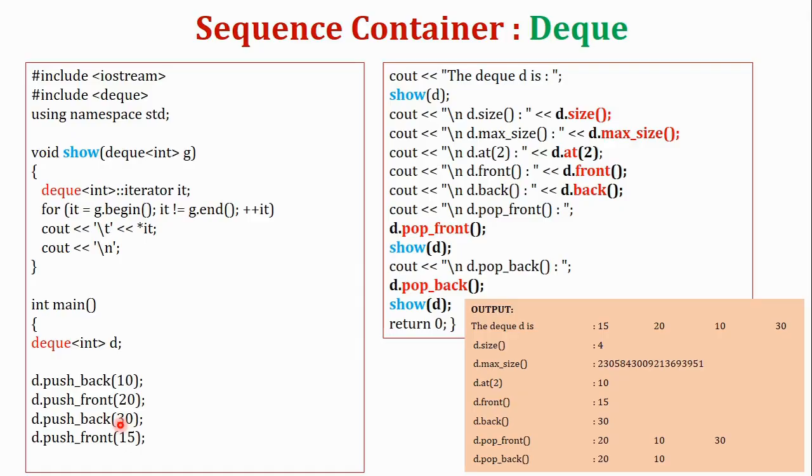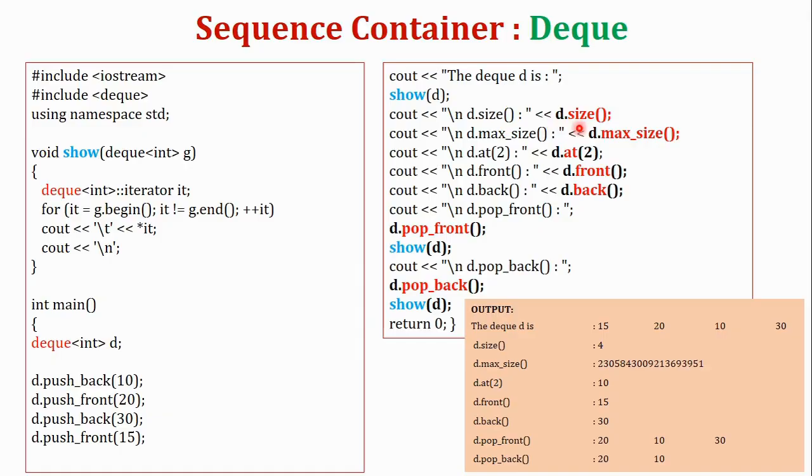Then the 30 is inserted in the back side. And then the 15 is inserted in the front side. After that, if you want to see the content of the DQ, then we will call the function. Automatically it will show like that: 15, 20, 10 and 30.